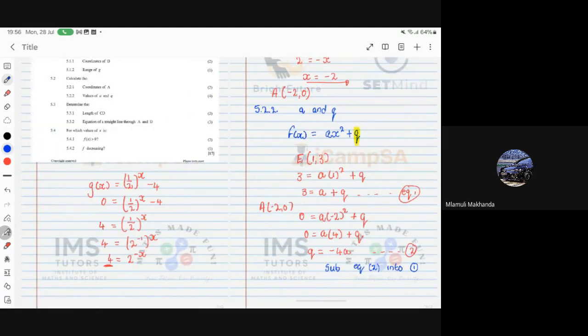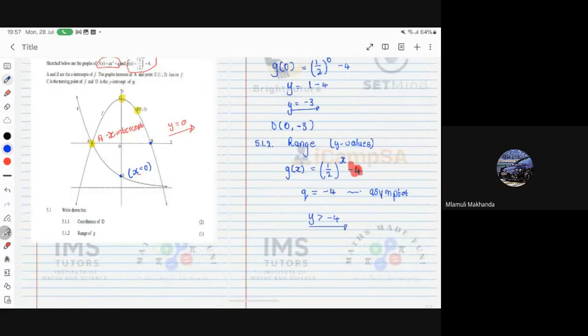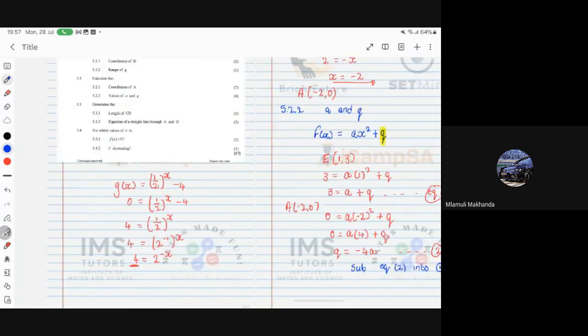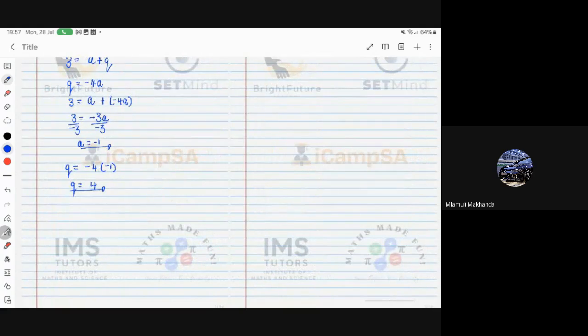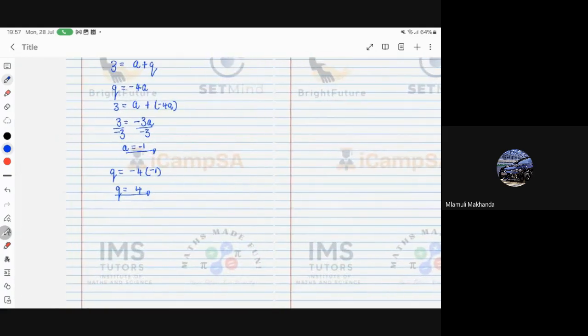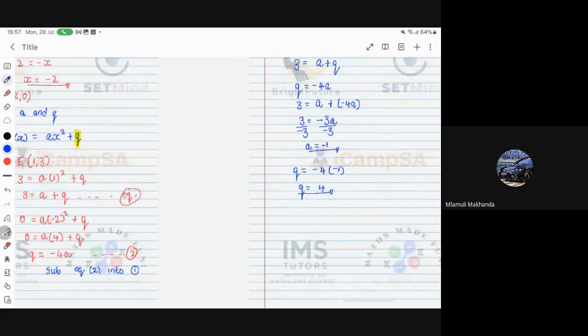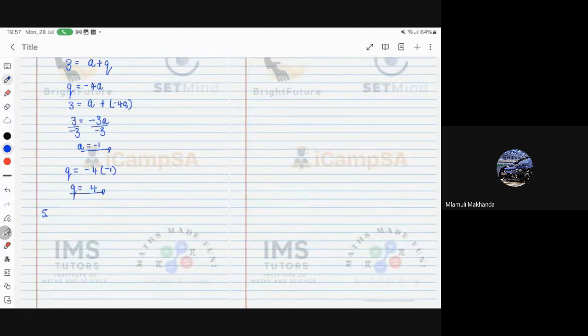Basically, we've already found it because we have already calculated the value of q when x is equal to 0.